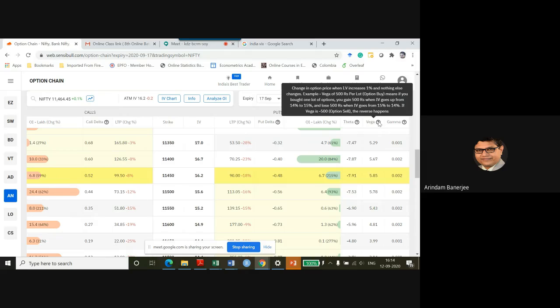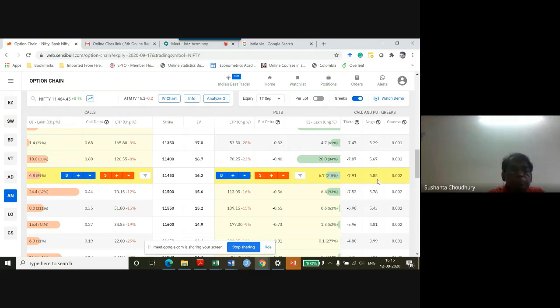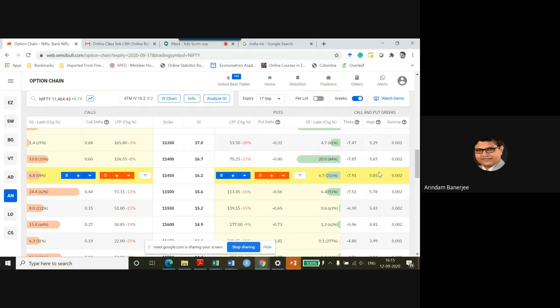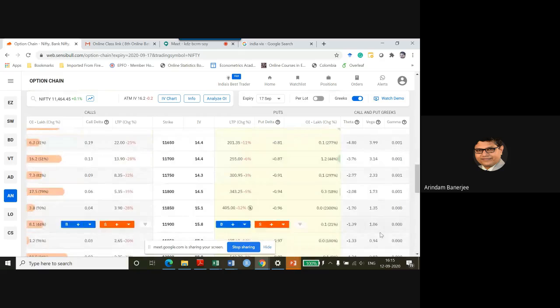If this implied volatility goes from 16.2 to 17.2, this option price will go up by 5.85%. So the higher the Vega, the more the option price will move with a change in volatility. And we can see here that the more out of the money we go, the Vega is less.